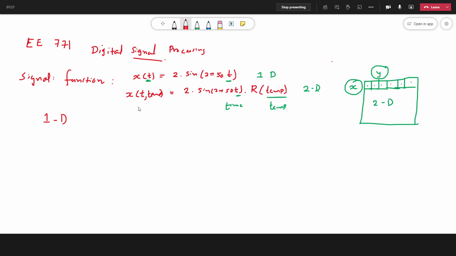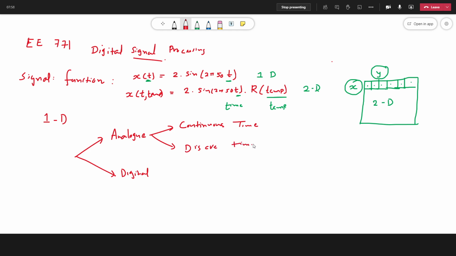So now this signal can be of two types: analog signal and digital signal. Analog signal can again be classified into two: continuous time signal and discrete time signal.